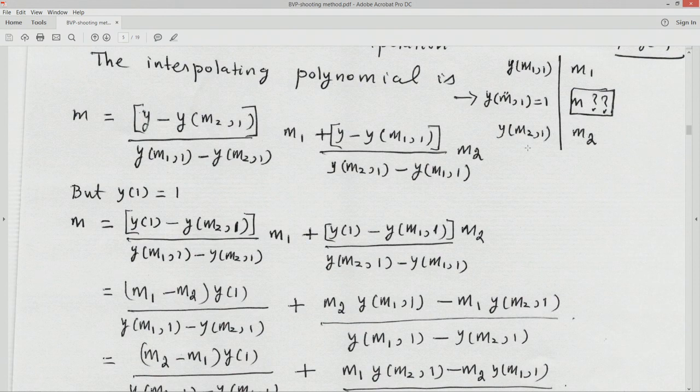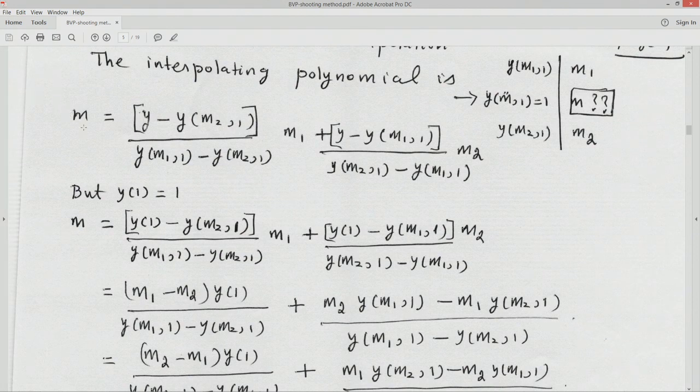For some angle m, I want y of m, 1 to be equal to 1. This is the condition which is prescribed in the boundary value problem at the other end point, namely 1. So, we perform linear interpolation and write down the linear interpolating polynomial.